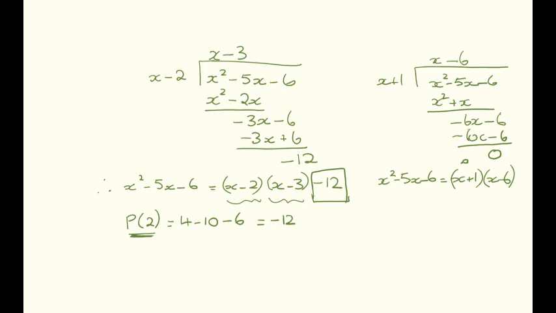If I get a non-zero answer, it's not a factor, because I have a remainder, and therefore x minus 2 is not a factor. 2 is not a root, so x minus 2 is not a factor. Now, I'll just extend it to one cubic example, then I'll leave it till we get to the next part.